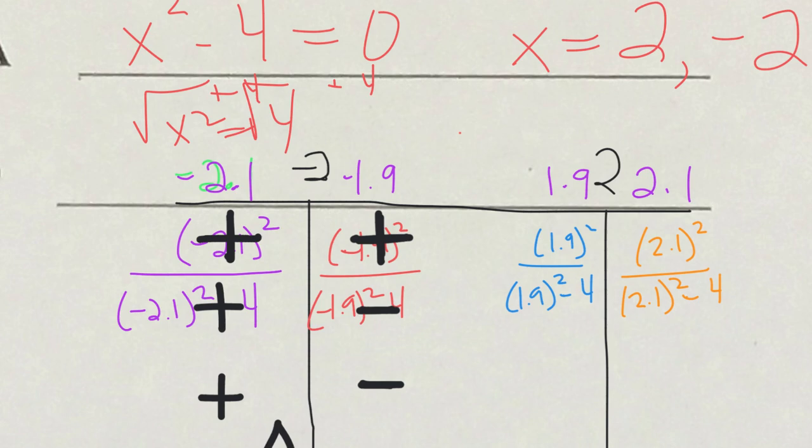Okay, this is what we're doing with our table, is we're trying to decide whether we have positive or negative values to see whether our graph goes up or down at your asymptotes. Okay, so all we're worried about is positives or negatives, and you can use your calculator to help you figure this out. Okay, you don't have to know how to do 1.9 squared in your head, but you should know that squaring something makes it positive. Always, always, always.